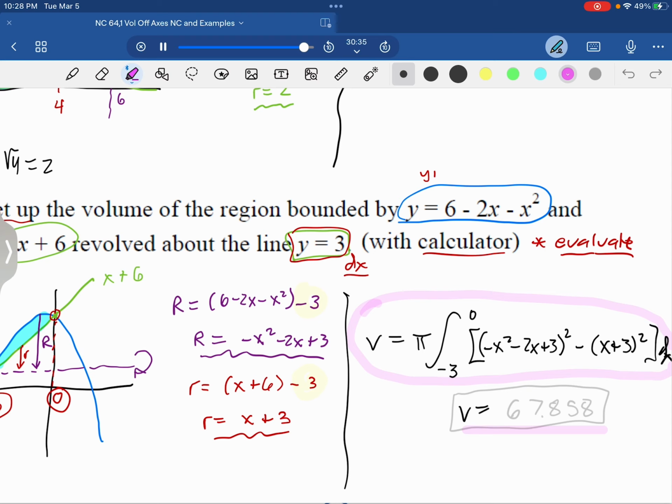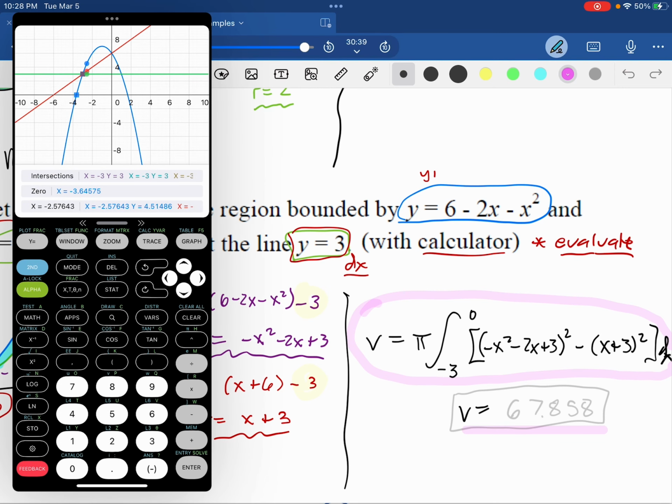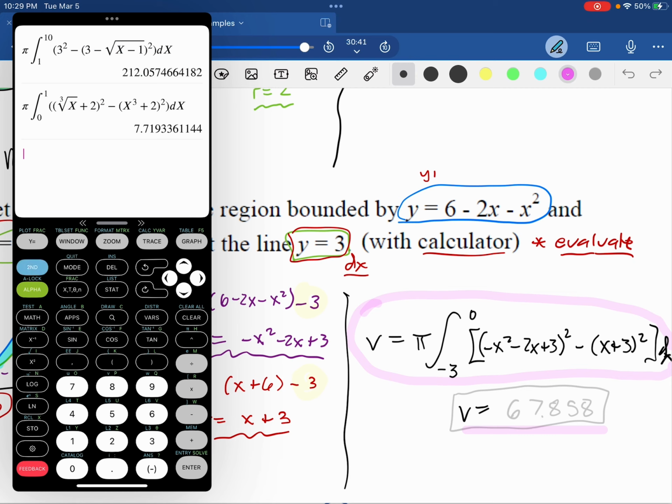And then because we have a calculator, we could go ahead and just evaluate that to see if it works out. I'm going to hand type it because we did all the minus 3's and I don't want to mess up my y1 and y2. So pi math 9 negative 3 to 0.